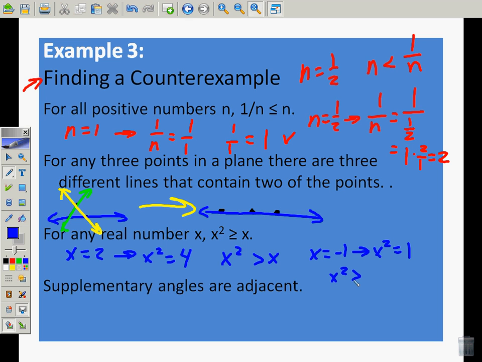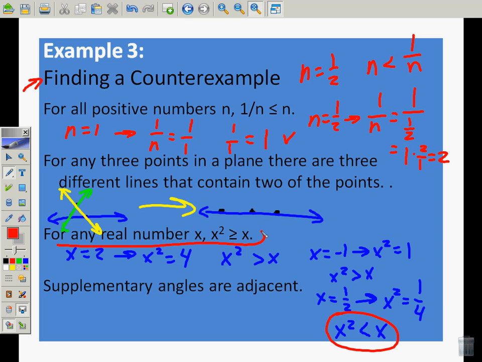But what if x was equal to 1/2? Then it would follow that x squared was equal to 1/4. So x squared would be less than x. That is a counterexample because we are trying to say that it is always greater than, but in this case it's less than.